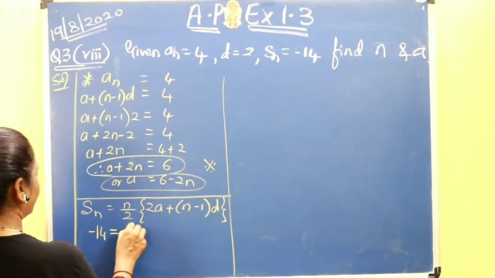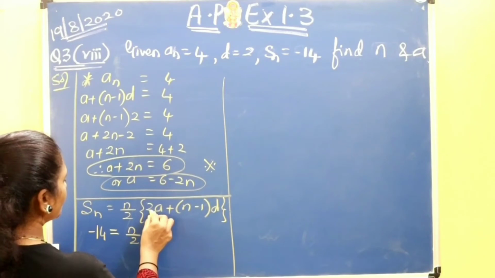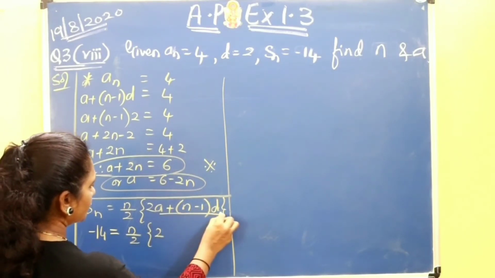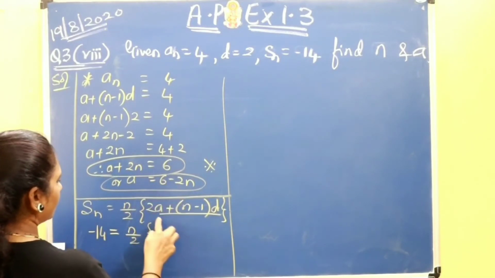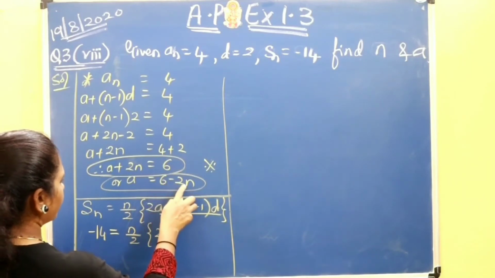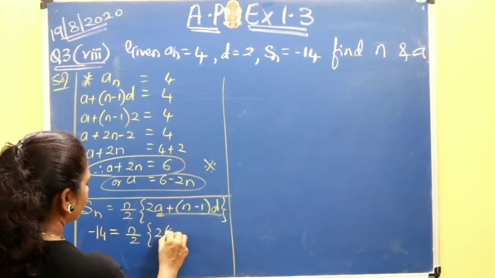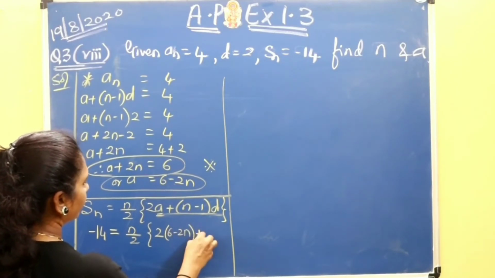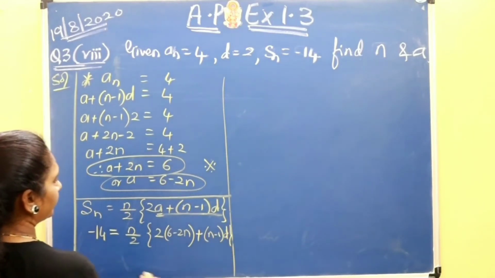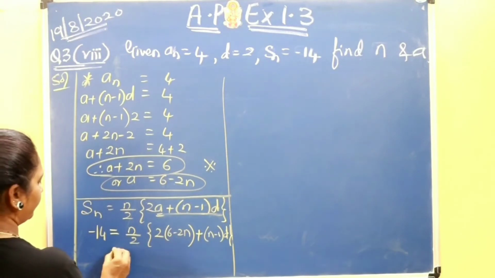Minus 14 is equal to n by 2 into 2a plus n minus 1 into d. This you substitute, the whole thing. A is equal to 6 minus 2n, so here you have a value 6 minus 2n, plus n minus 1 into d. The same thing you will write here.